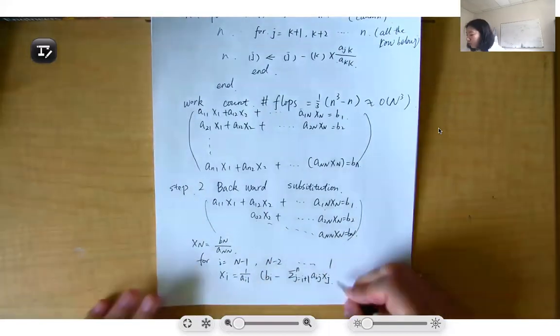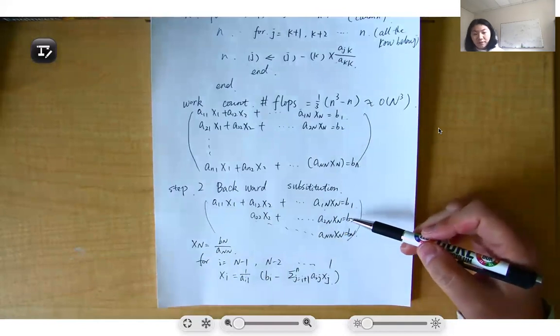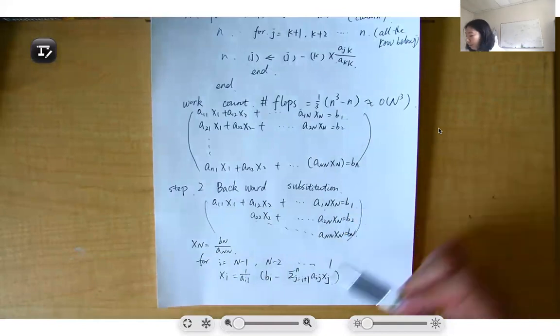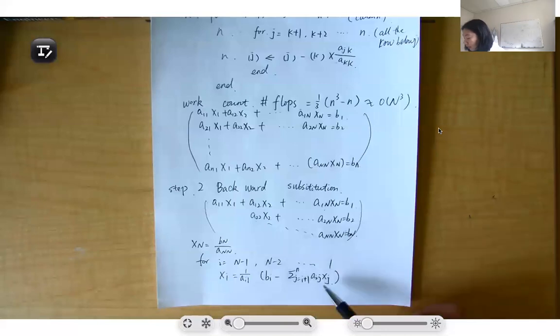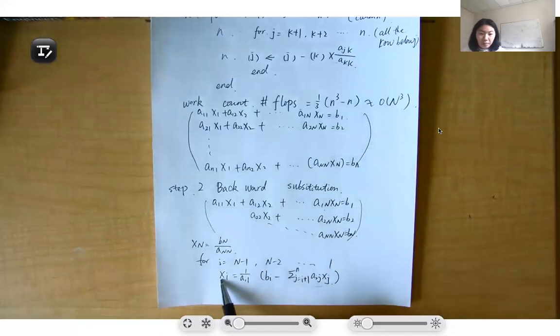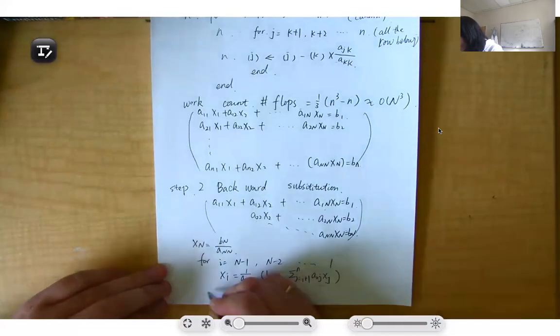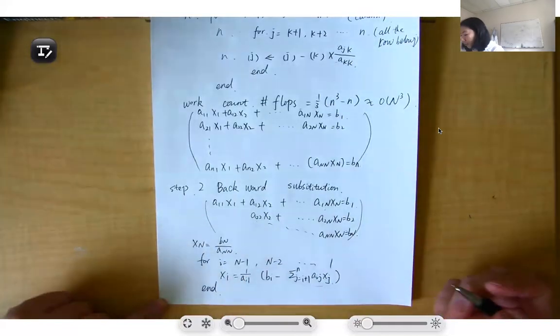So for each row, you are trying to solve for xi. This sum is basically over all the columns besides that unknown element's column. So you finish the back substitution.